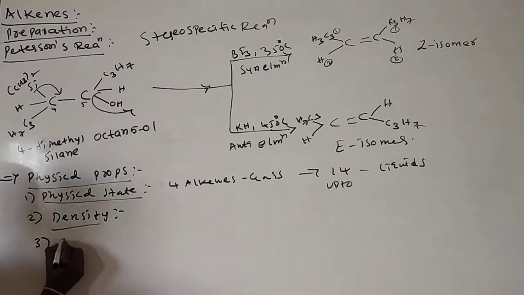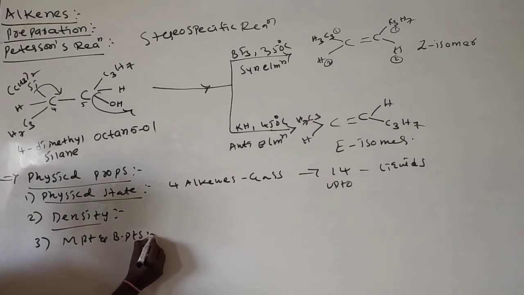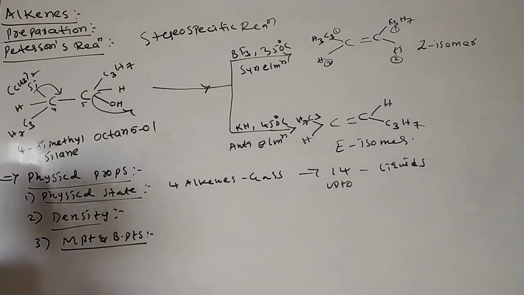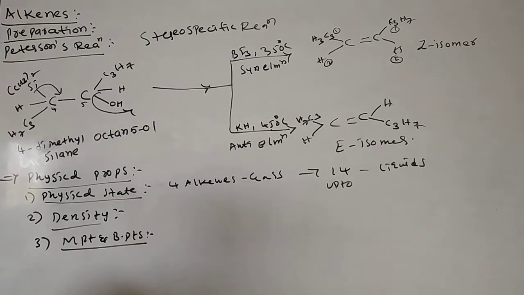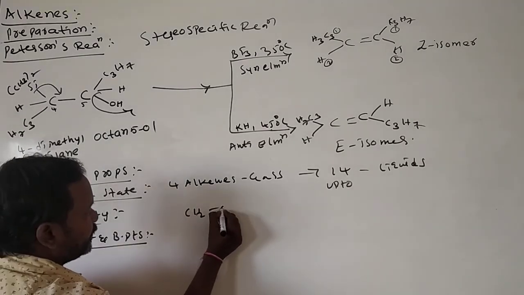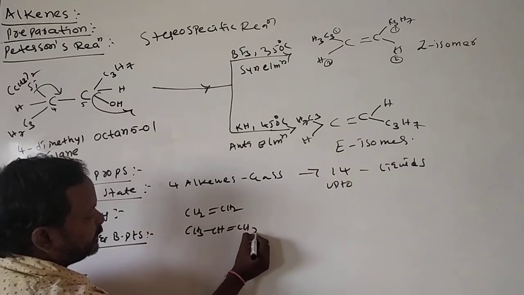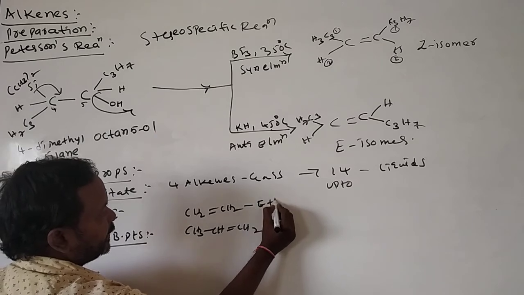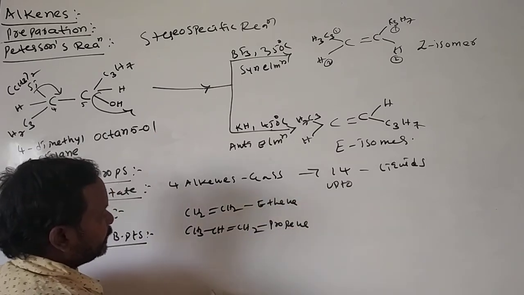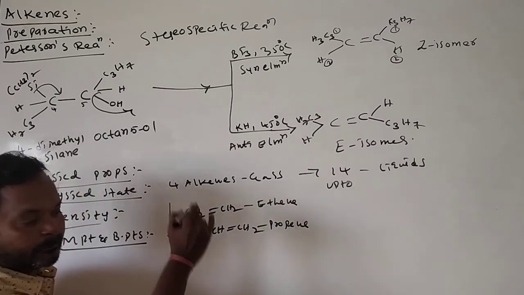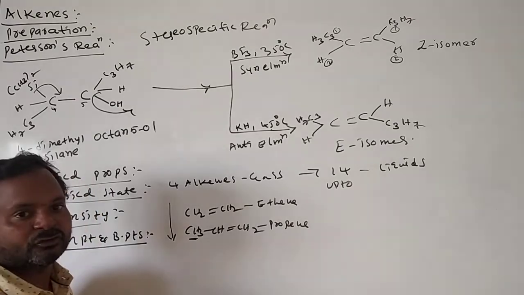And here we see melting points and boiling points. They gradually increase with increasing mass. Here CH2=CH2 is ethene, CH3CH=CH2 is propene. From top to bottom, the number of carbons increases, so melting points and boiling points gradually increase.